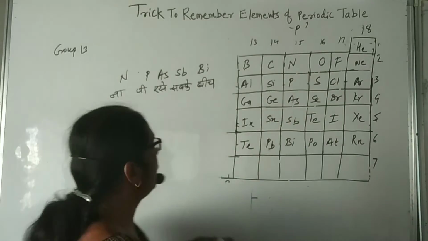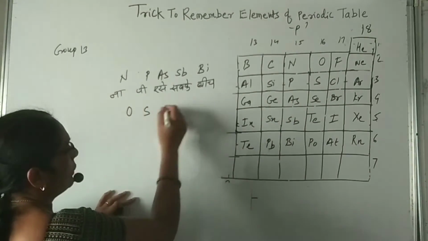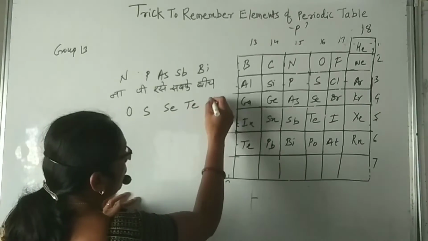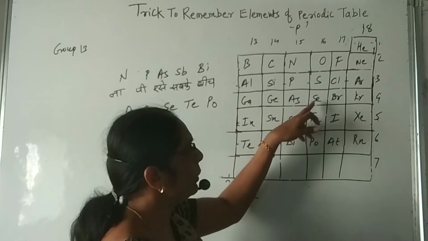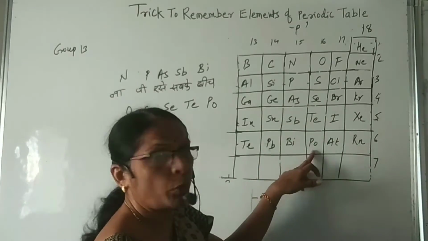Then group 16 elements: oxygen, sulfur, selenium, tellurium and polonium.